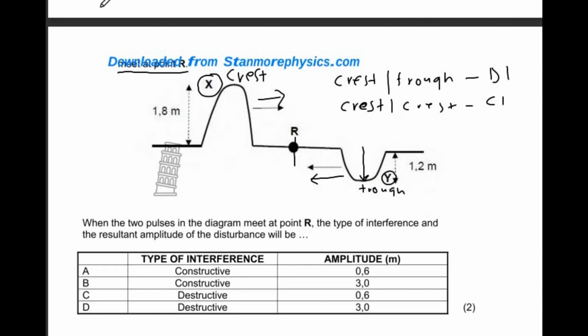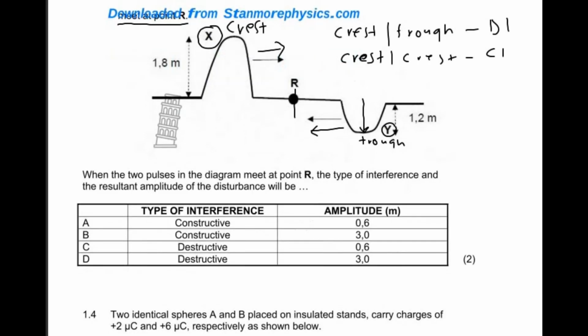So we can just look at the options given to us and start to eliminate. We said this is going to be destructive interference, so it can't be option C nor option D. The only options we are left with are A and B.